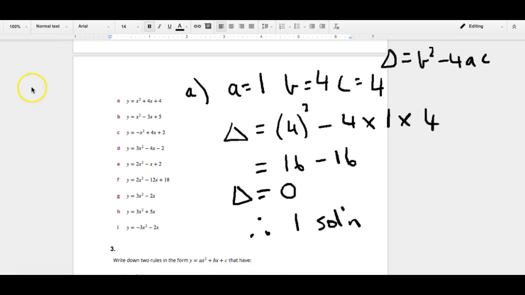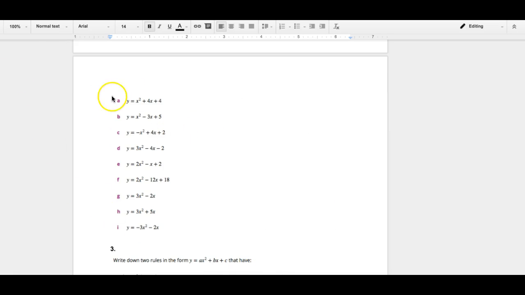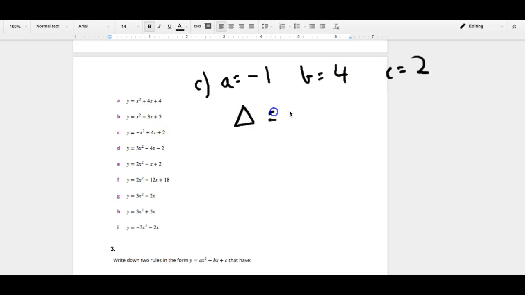Let's do another one, let's do C. Again, identifying A, B, and C: your value of A is -1, value of B is 4, and C is 2. So your discriminant, b squared minus 4ac. Now I've got a negative here, so this is why I always like using brackets.